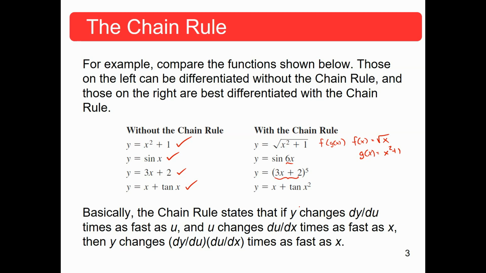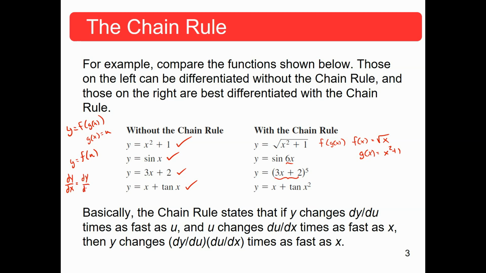So if we want to look at y, think about it like this. Y is some function of x. We're going to call g of x, we're just going to call it u, so that y equals f of u. So if we're looking for dy dx, we first have to take the derivative of y with respect to u.